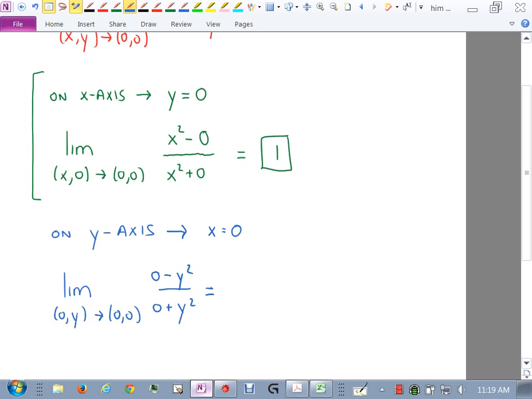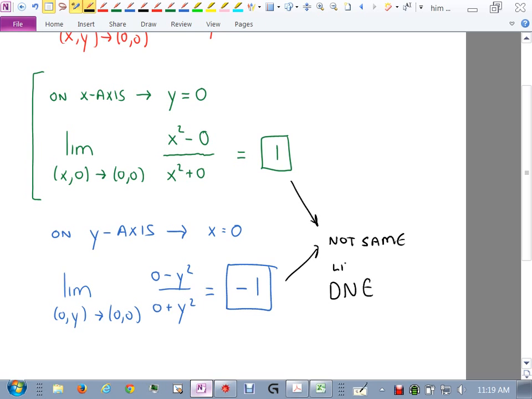And that, algebraically, is just negative y squared over y squared, which is -1. Since this and this are not the same, we say the limit does not exist.